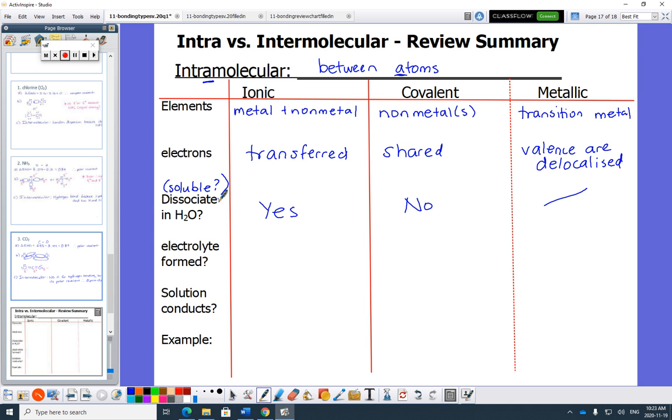Is an electrolyte formed? That was in the definition in yesterday's note. Today we're going to see it conduct. Does it conduct? Yes. Covalent compounds do not. When you have a metallic bond, the solid actually conducts. It doesn't have to be a solution.